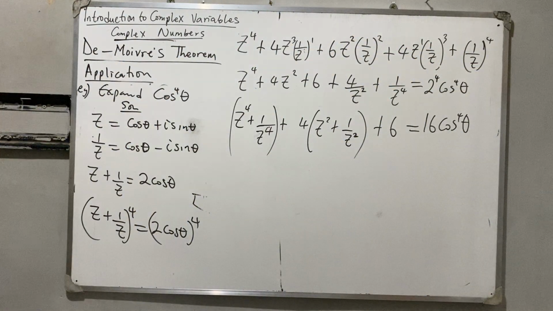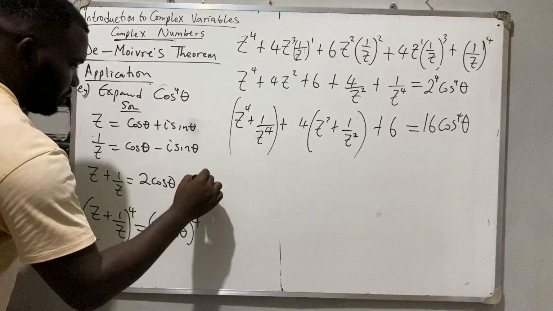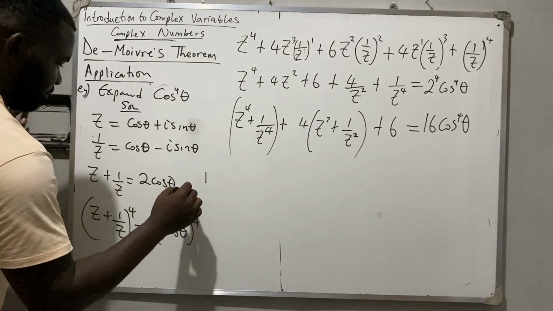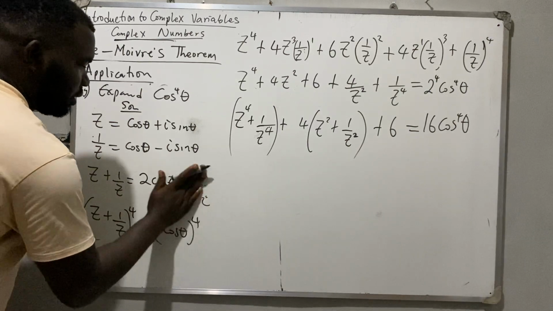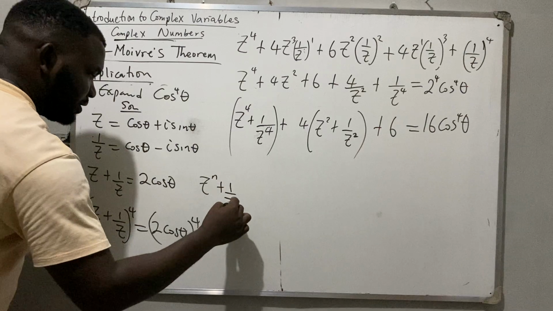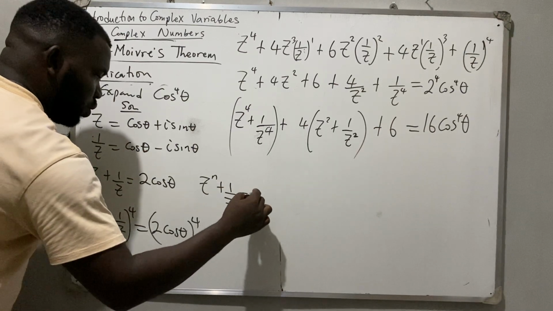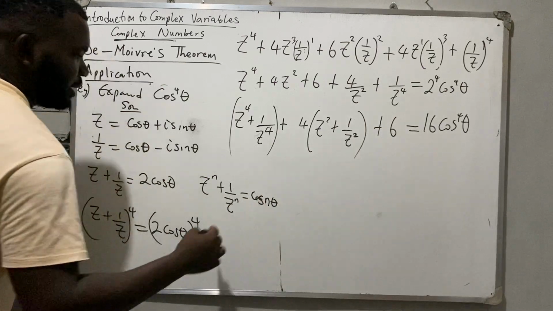The reason we are doing this is that remember that z raised to power n plus 1 over z raised to power n is equal to 2 cos n theta.